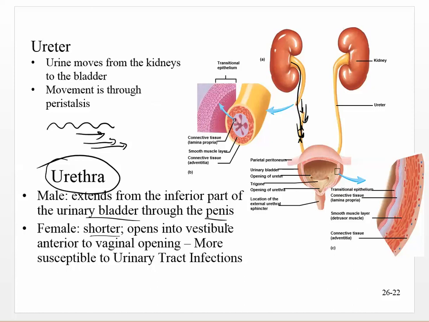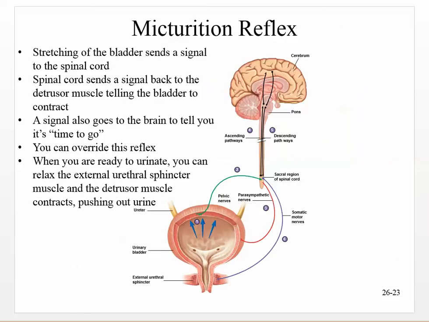And because it is shorter, that's what's important here, it's more susceptible to urinary tract infections. If you have a urinary tract infection and you don't control that, it can lead to a bladder infection. And if you don't control that, or if it's just a really nasty one, it can move up through the ureter and become a kidney infection, and that's not a good situation.